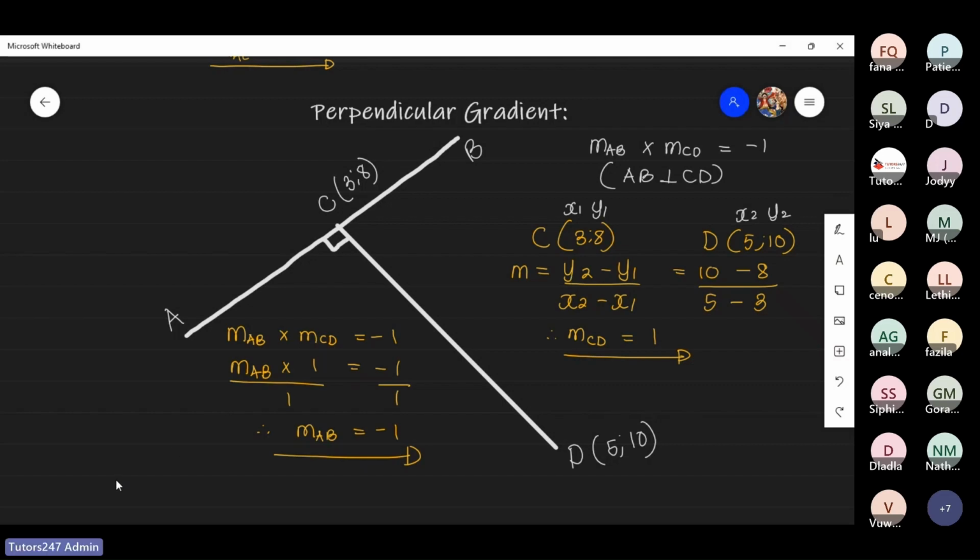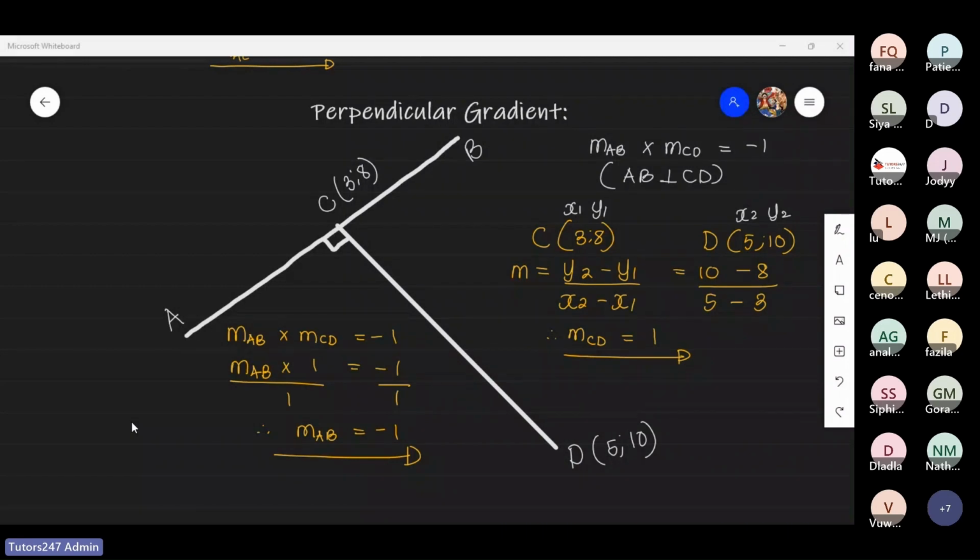In an exam, they can ask you to prove that it is perpendicular. If you were to prove that it's perpendicular, you won't use the formula, okay? You only use the formula when you are trying to find the gradient of an unknown line. If this question were rearranged and you were asked to prove that AB is perpendicular to CD, step number 1, you would need to have the coordinates of A, B, C, and D. So you would calculate the gradient of AB, you would calculate the gradient of CD, and then multiply them.